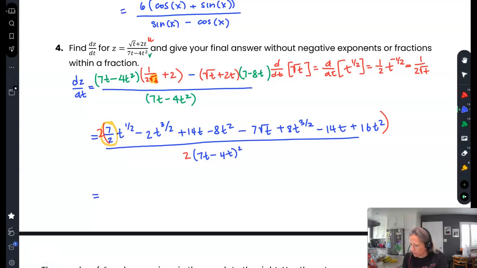I'm going to have a 7 square root of t, which I have a minus 14 square root of t over here, so that'll end up being a negative 7 square root of t. Then I have a negative 4 t to the 3/2, and here I have a plus 8 t to the 3/2, so I'll end up with 4. And if you want to be cute about that, that's t root t.